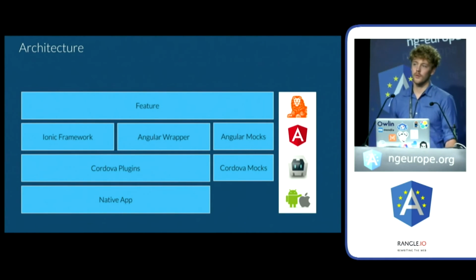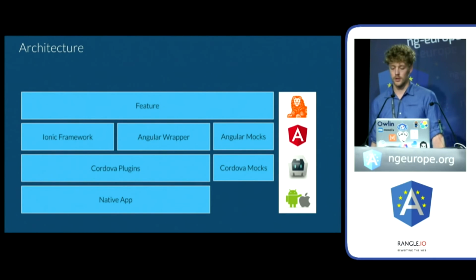The Ionic framework we used to get as close as possible to the native experience. For all the plugins we have created, we also created Angular wrappers to make it easy for developers who develop features to control the Cordova plugins. And then on top, the features are created. In our case, we built a feedback feature.